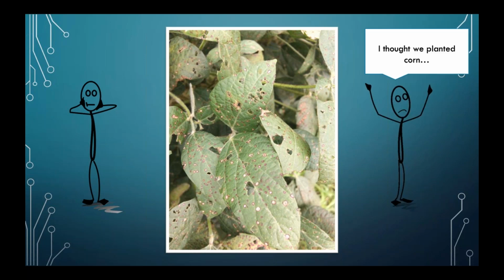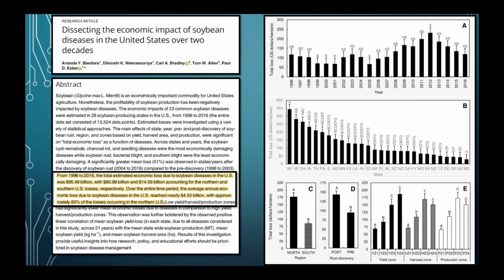And if you think it was corn that you planted, then you might definitely have some issues. That before was frogeye leaf spot on soybean. That's a fungal disease, and diseases in general do a lot of damage and cause a lot of loss.